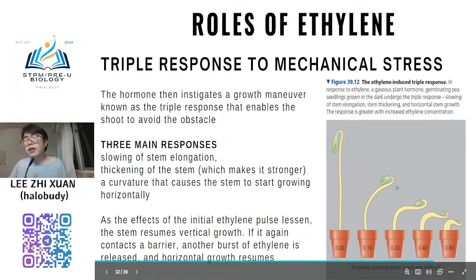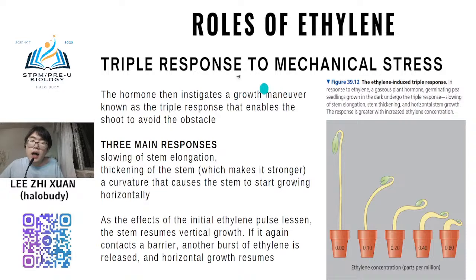Not only fruit ripening, they also respond with the triple response to mechanical stress. So what is the triple response? There are three main responses. This hormone ethylene can instigate a growth maneuver known as the triple response that enables the shoot to avoid an obstacle.